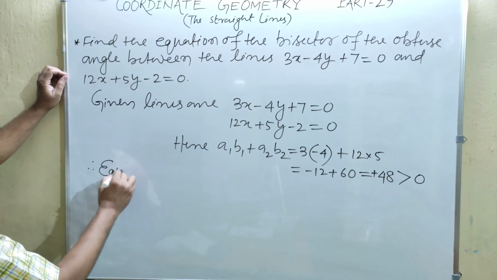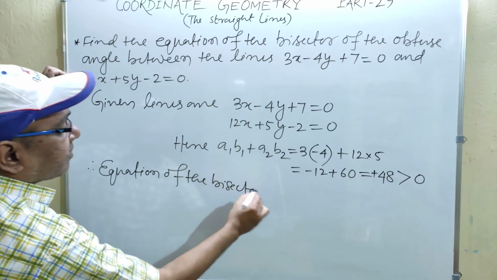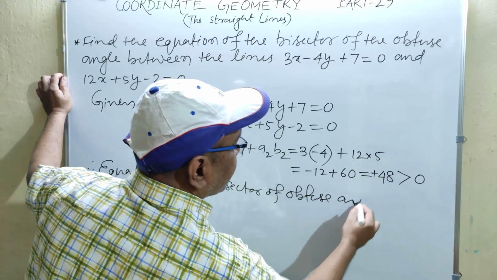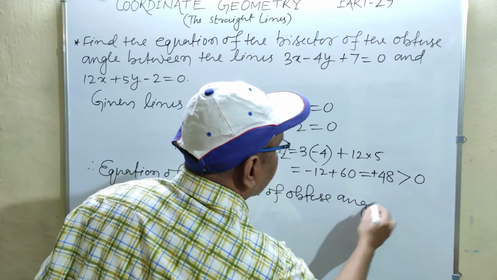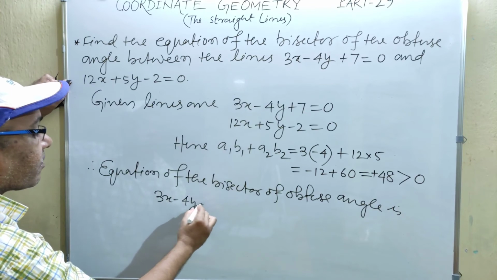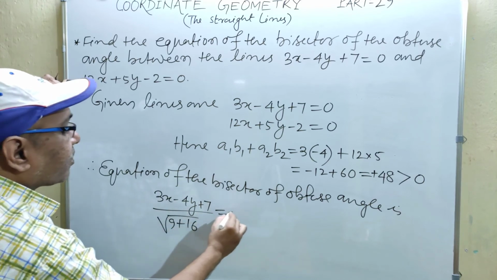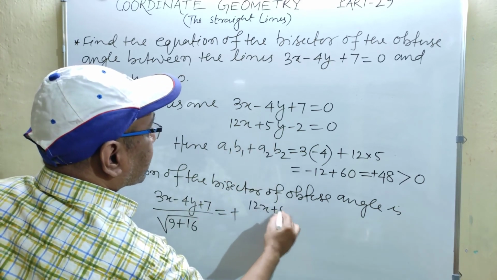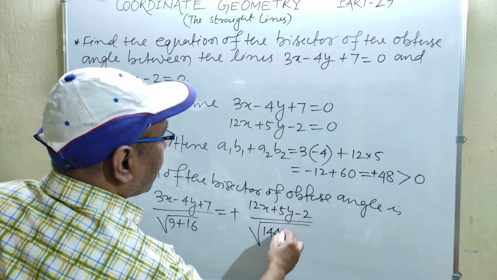Therefore, the equation of the bisector of obtuse angle is 3x minus 4y plus 7 by root under 3 square plus minus 4 square, equal to, plus will give you the bisector of the obtuse angle, plus this 12x plus 5y minus 2 by root under 12 square 144 plus 25.